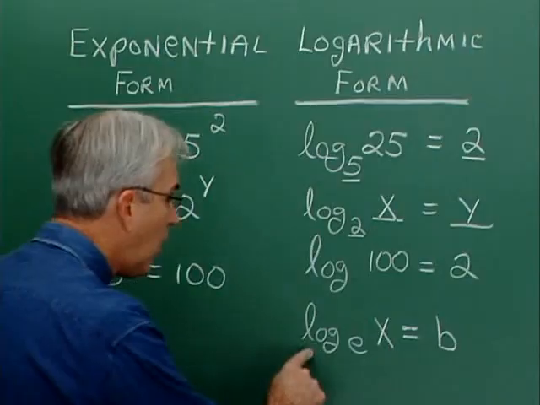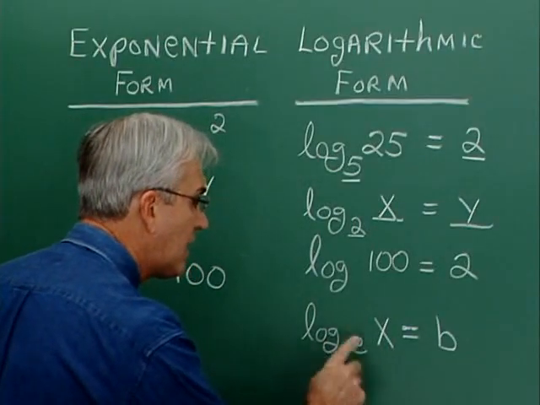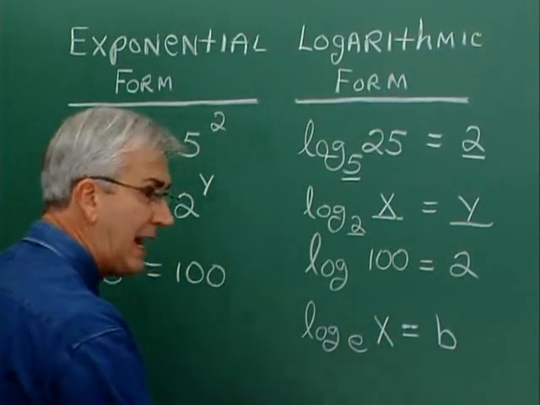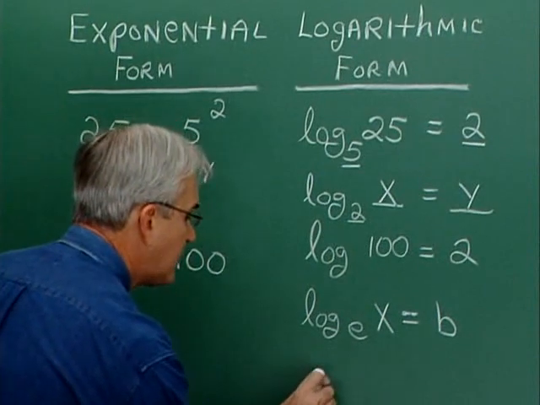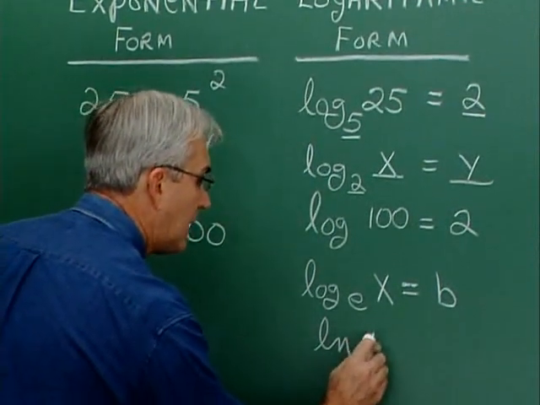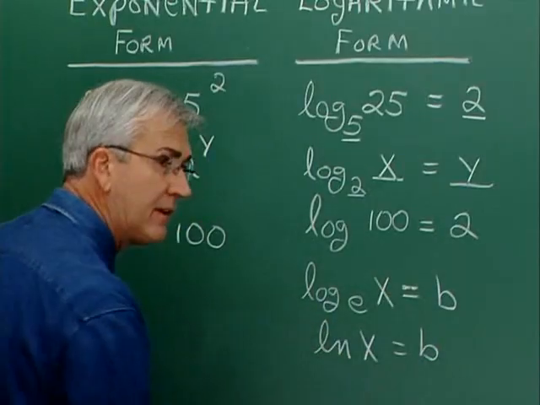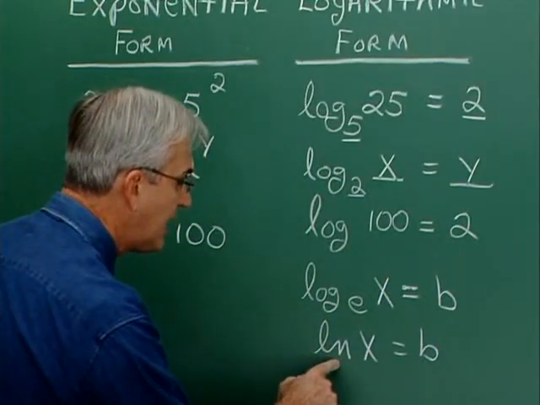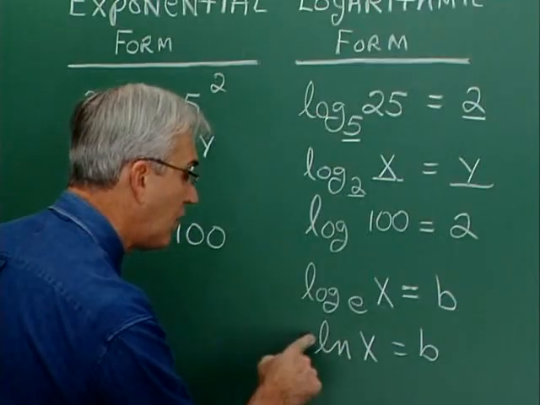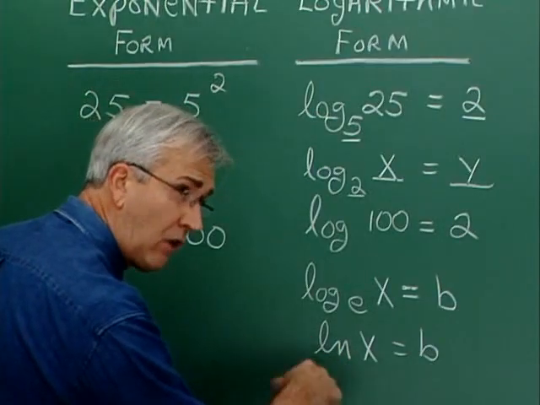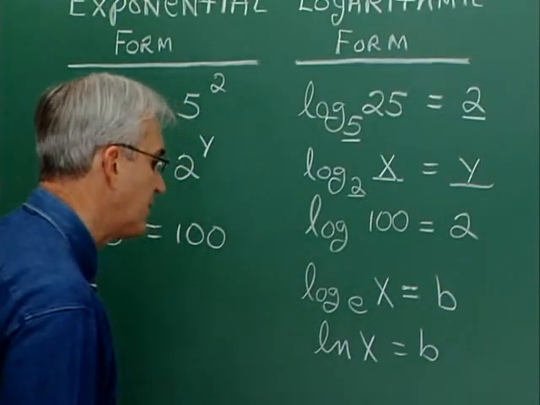That log in base e of any number is designated as ln. This says the same thing as this. These mean exactly the same thing. This just says that we're talking about a natural logarithmic base involved in this expression.